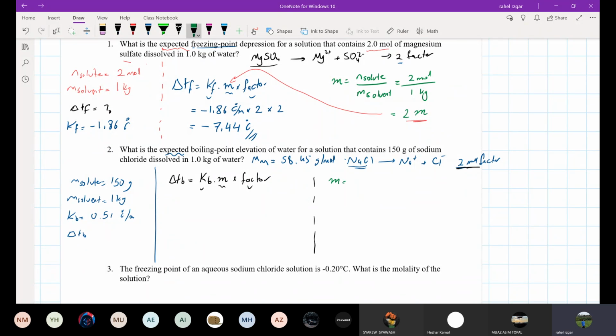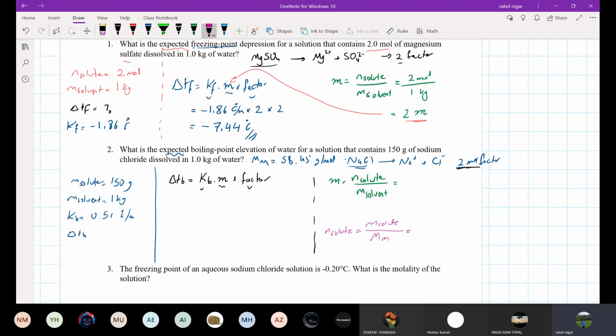Molality is equal to mole of solute over mass of solvent, just like the previous questions. Again and again, the same thing is asked. We don't know mole of solute, so we have to find mole of solute. Mole of solute equals mass of solute divided by molar mass.